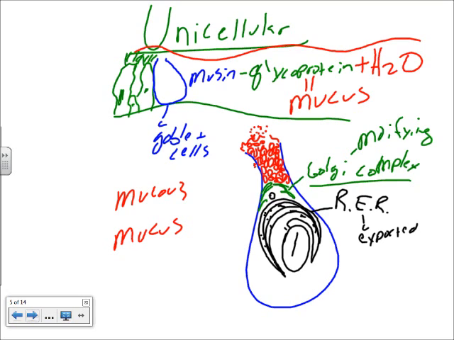Now, let's focus on this for a second: mucus versus mucous. When you see this spelled M-U-C-U-S, we're talking about mucus itself, or snot, if you cough up a lung nugget, or pick your nose and find a winner up there, whatever it may be. Mucus itself is the secretion. When you see O-U-S, that means we're talking about the mucous membranes.